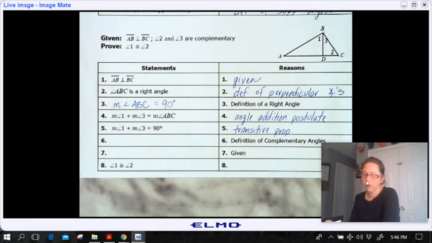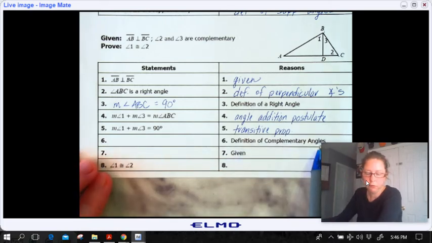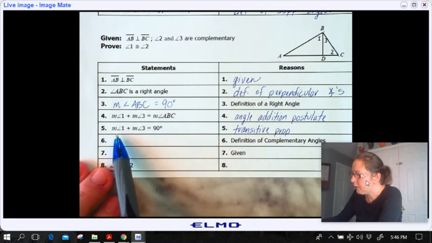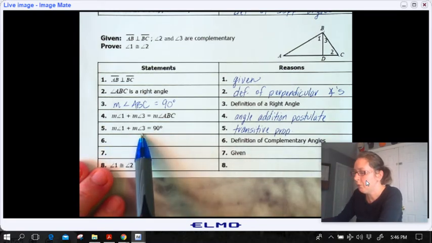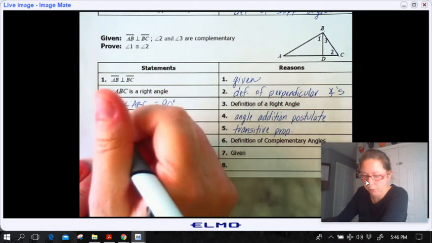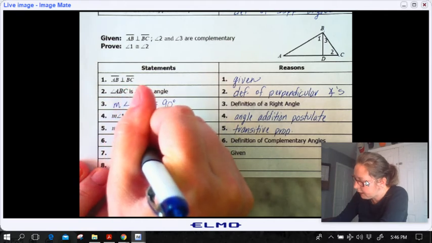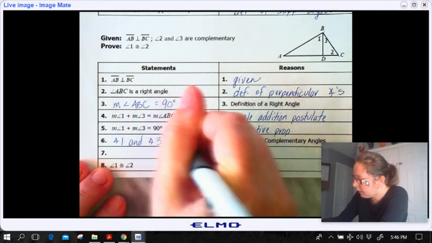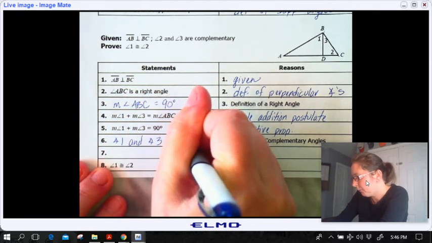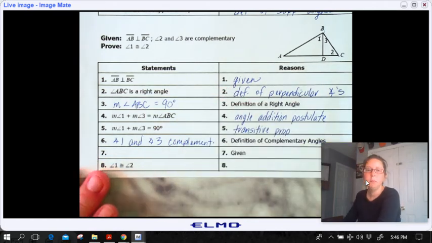All right. 6, they say the definition of complementary angles. So if the measure of angle 1 and the measure of angle 3 add up to 90 degrees, then that also means that angle 1 and angle 3 are complementary. Okay, because that's the definition.